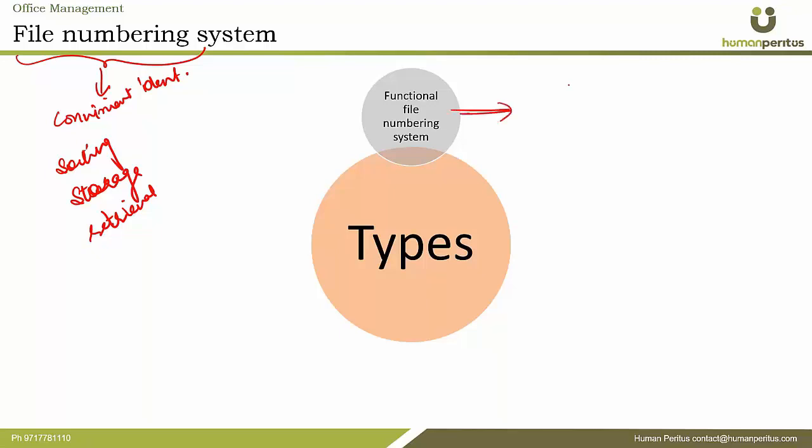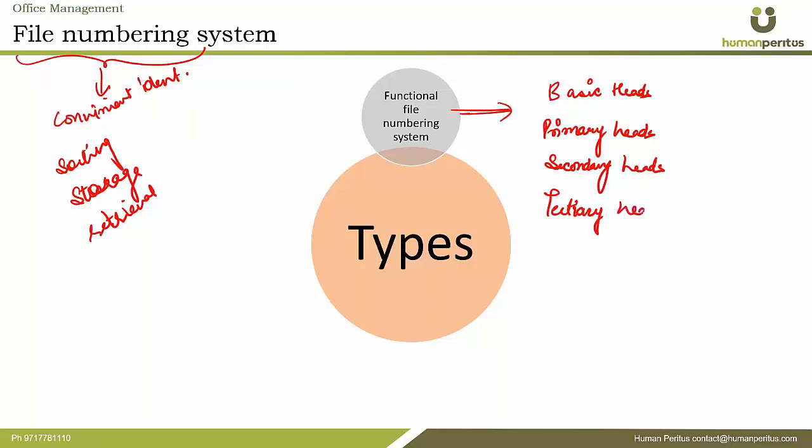So, what are the heads under which the business of a department is kept? These are of four types: basic heads, primary heads, secondary heads, and tertiary heads.